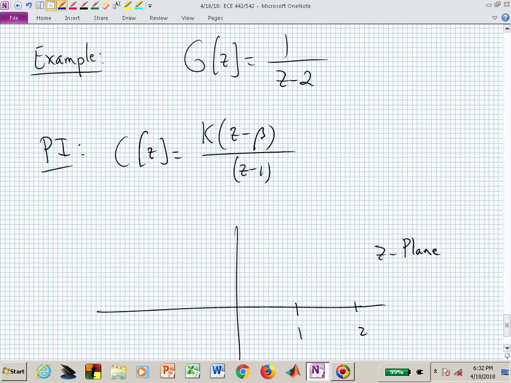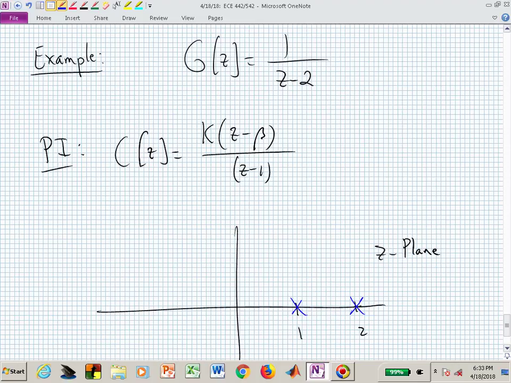Depends on beta, but where's beta located? Your poles are fixed, aren't they? Your plant has a pole at 2, and your PI controller has a pole at 1. So we can immediately put those down. Now, where are you going to put your beta? Are you going to locate your beta between 1 and 2?